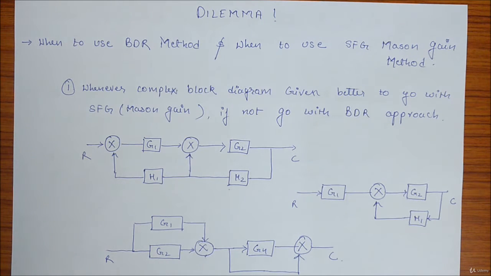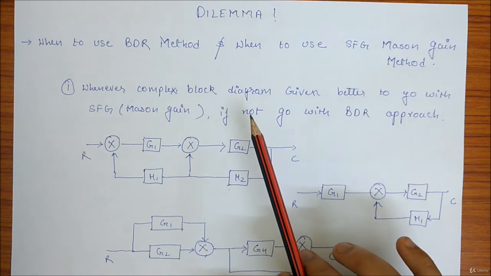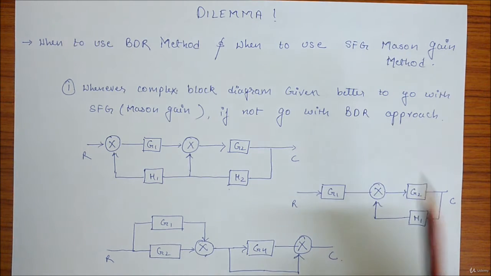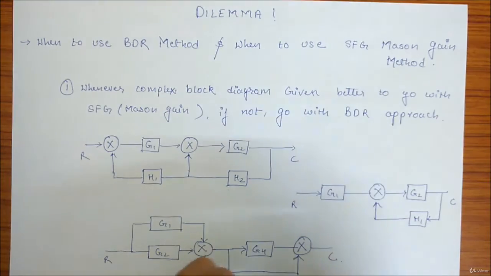We want to be accurate, but we want to save time as well. So it's better to go with Mason's approach when you have a complex block diagram. If you don't have complex block diagrams, then you should go with the block diagram reduction technique.